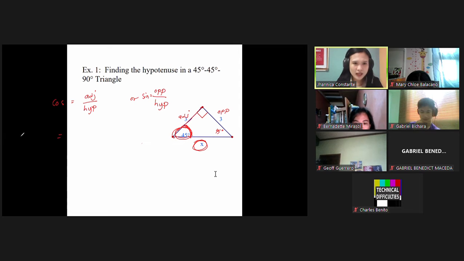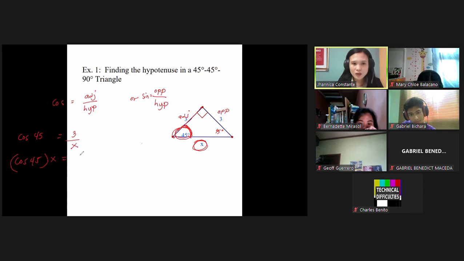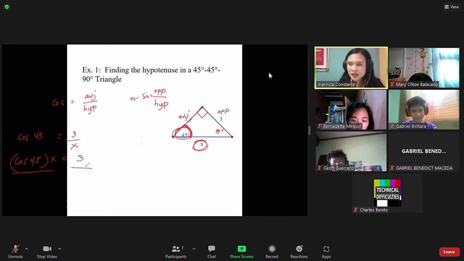So we have cosine 45 degrees, which is 3 over x. It's the hypotenuse. So cosine 45 times x equals 3. Since we're solving for x, or the measurement of the hypotenuse, we're going to divide both sides by cosine 45.